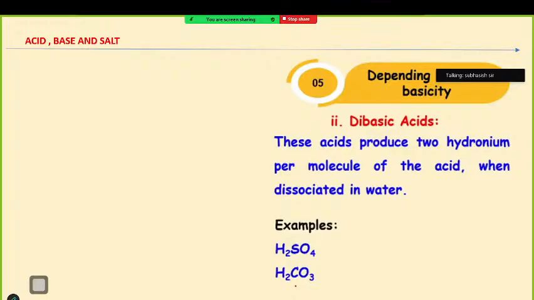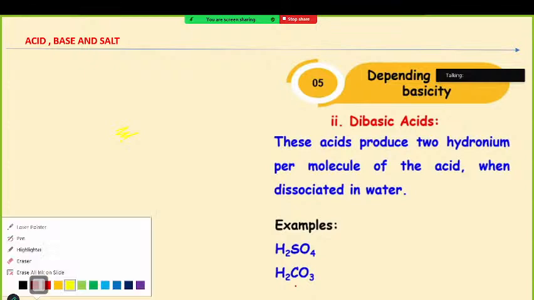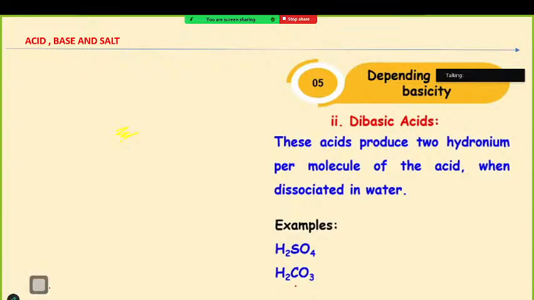Dibasic, we have already mentioned that sulfuric acid is dibasic because one molecule of sulfuric acid gives 2 H plus ions.